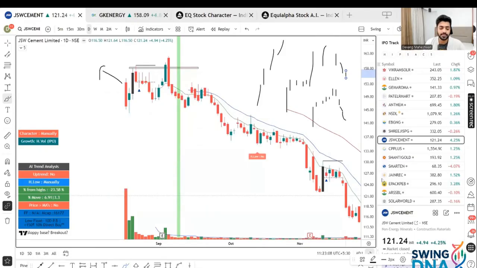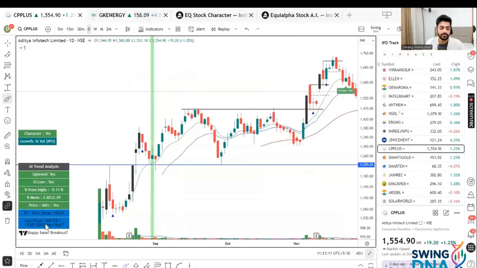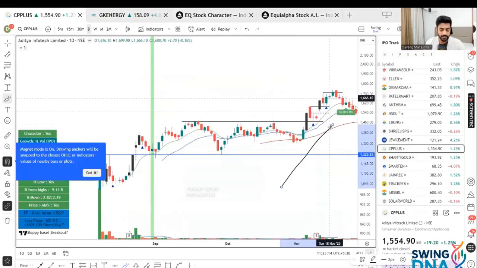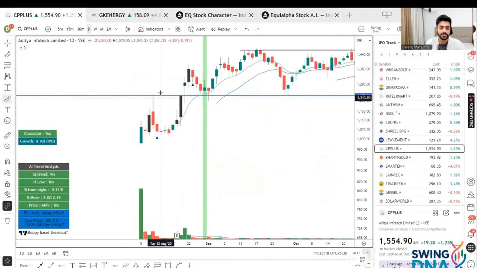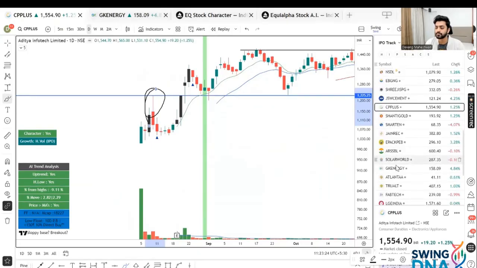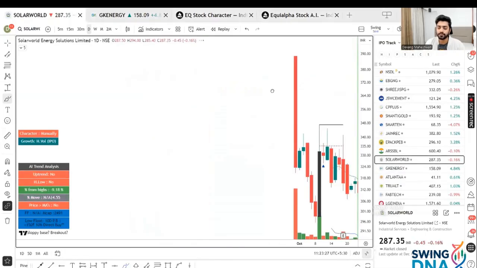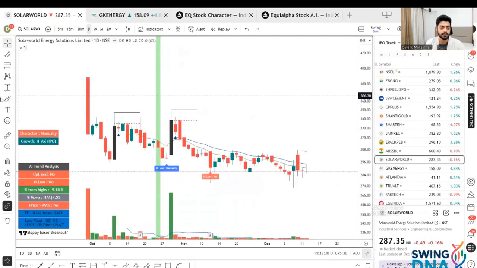CP Plus, this is again listed in August. And look up here again, a very high level of reversals, high wick here. Solar World. This gets listed and starts falling, a bit of sideways movement and then keeps on correcting.